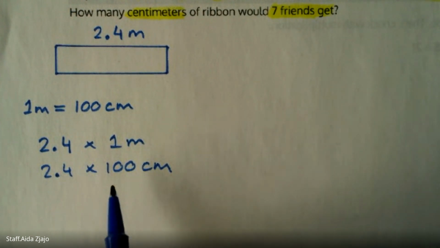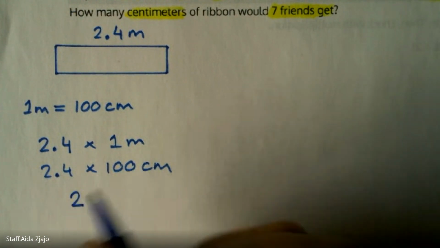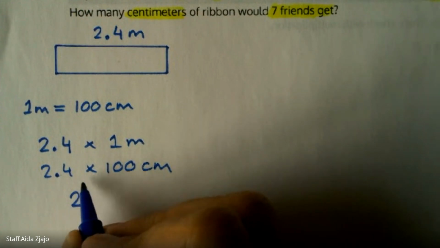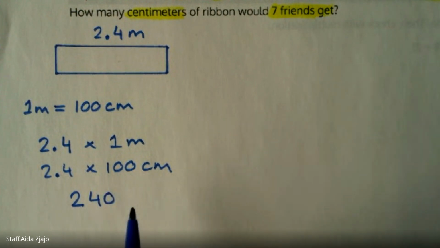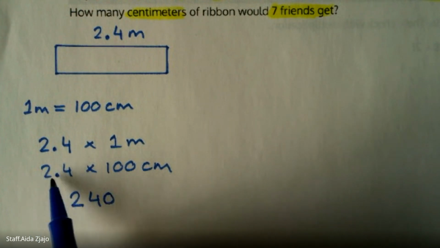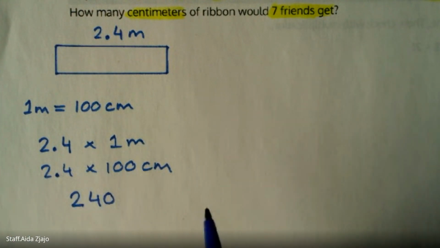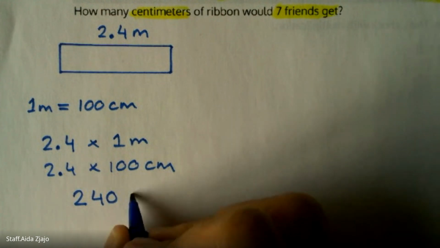So think about this. 2 times 100 is 200, and then you will have 40 more centimeters extra, because the number moves two places in place value, so it's going to be 240 centimeters.